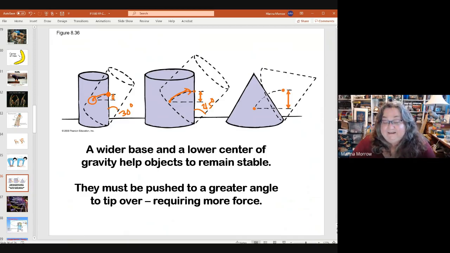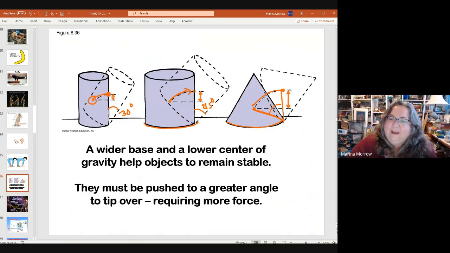Now, the next piece has a very low center of gravity because it's very narrow up on top. It's pointed at the top. Most of the weight is down below, so the center of gravity is now lower. So it has the same diameter as the previous one, but the center of gravity is lower. And now as you try to tip it, you can see that the angle that it has to go through is a much larger angle.